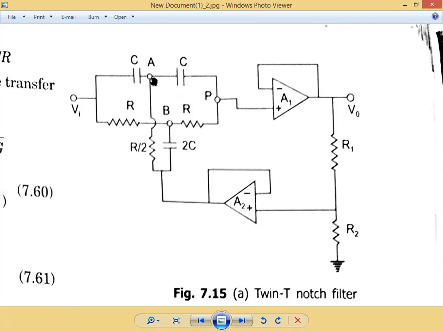So at these three nodes, we are going to write the KCL, Kirchhoff's current law.